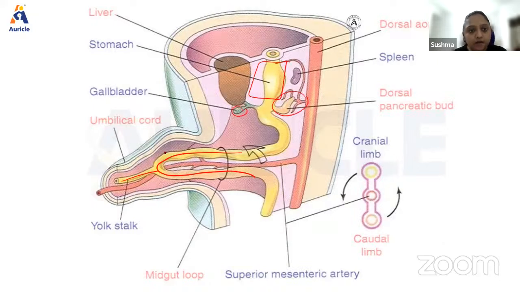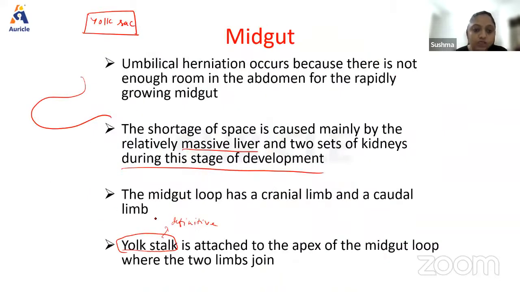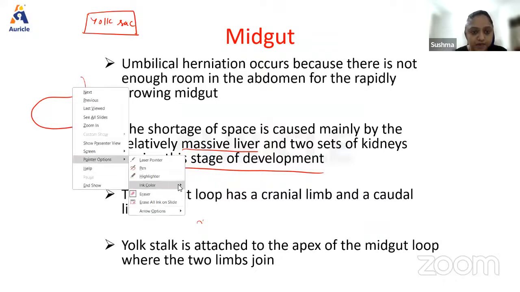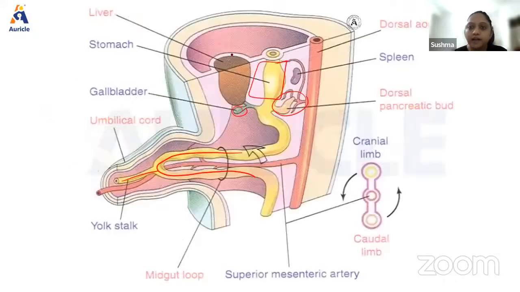This is the gallbladder, the umbilical cord. Sorry guys, I made a mistake. It is yolk stalk, not yolk sac. Let me correct myself. All right. You can see the spleen. You can see the dorsal aorta that is supplying the midgut. Okay. This is the dorsal pancreatic bud.